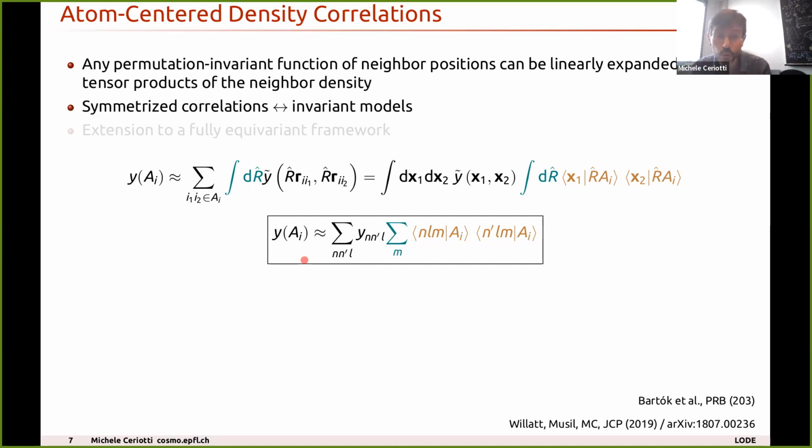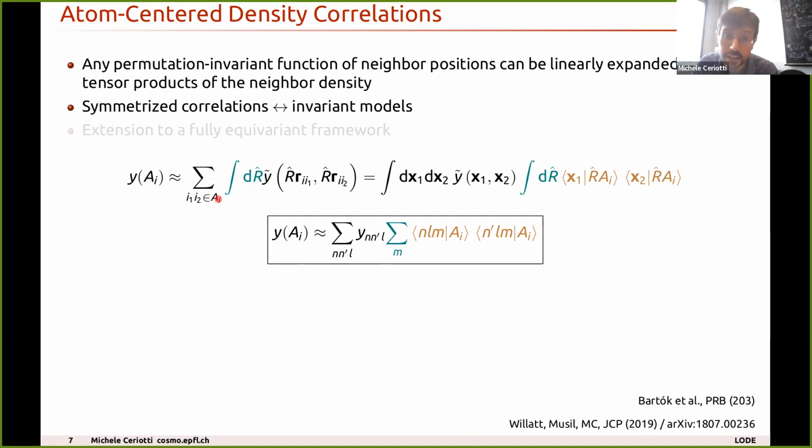And if you want to incorporate rotational symmetry in this framework, what you need to do is symmetrize over rotations the function that we are computing over the neighbor pairs, or equivalently symmetrize the density correlations over rotations.